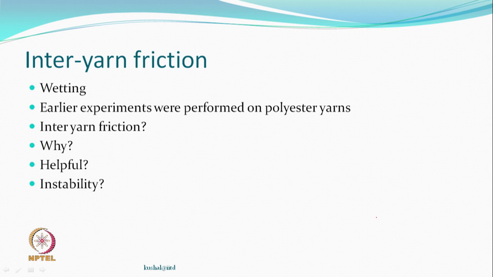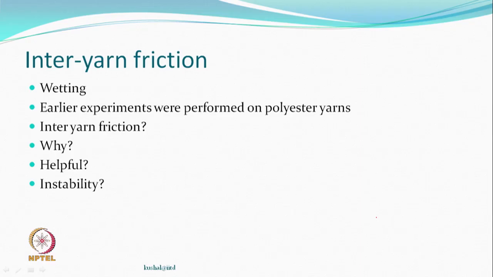What was helpful? Wetting. What happened to the instability? The instability reduced after wetting, and so it was assumed that the inter-yarn friction is reduced because of the thin film of water between the filaments, and it was helpful because instability was reduced.